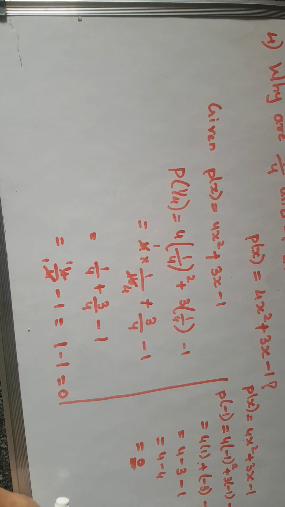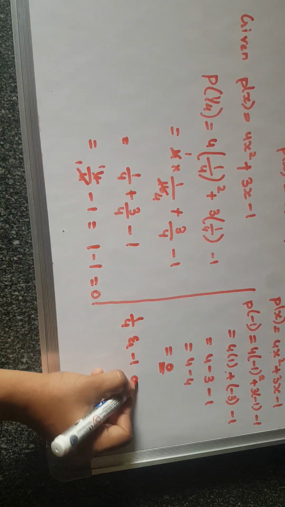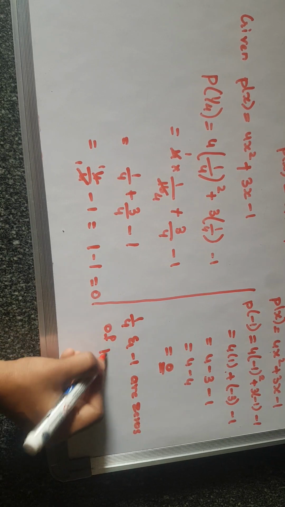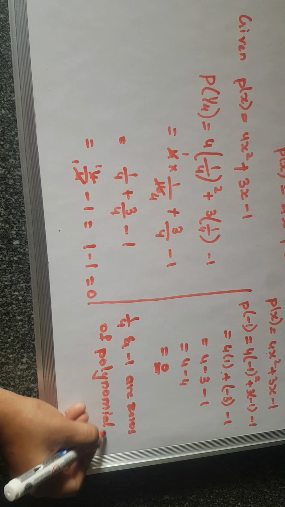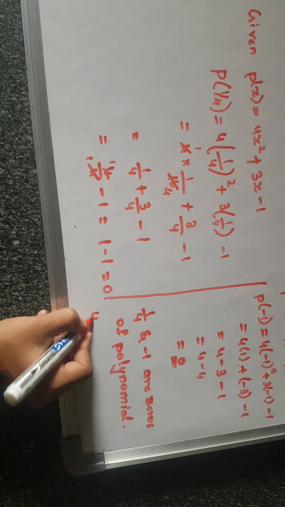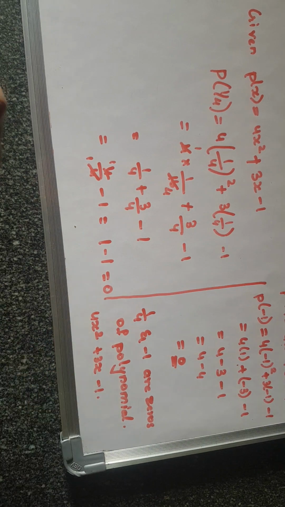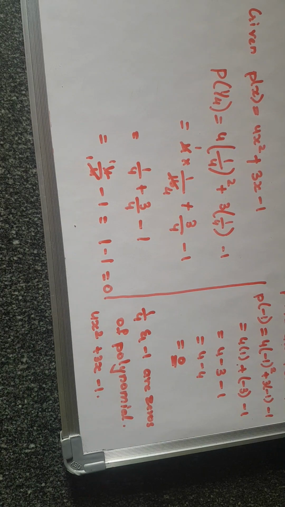So 1 by 4 and minus 1 are called zeros of the polynomial. What is the polynomial here? 4x square plus 3x minus 1 is the polynomial. Okay, let us continue with the other question.